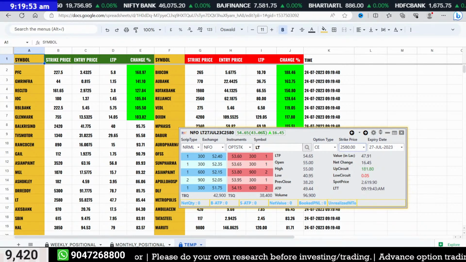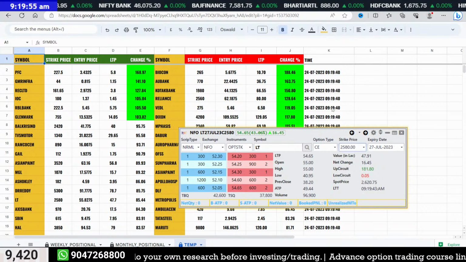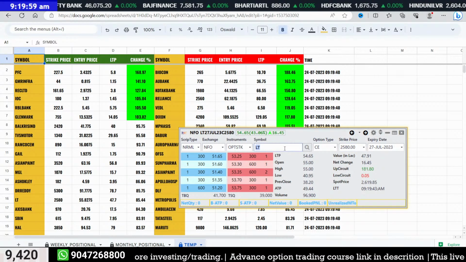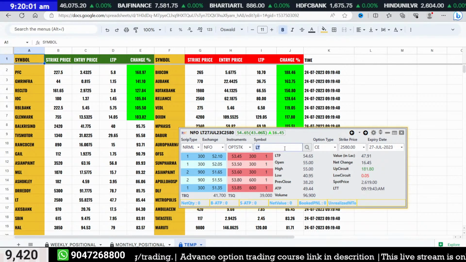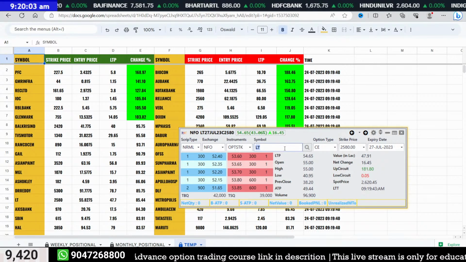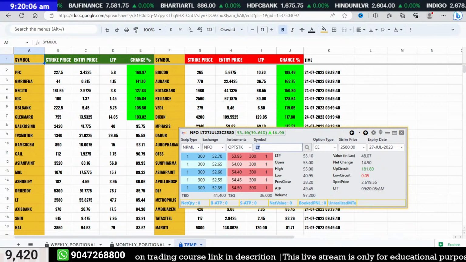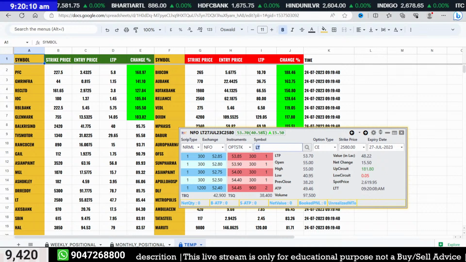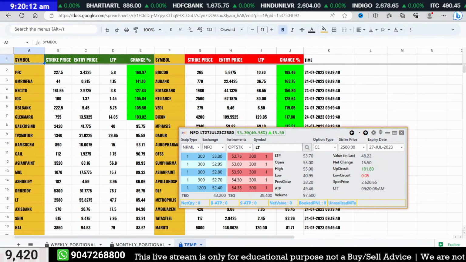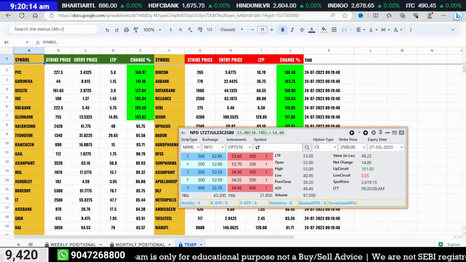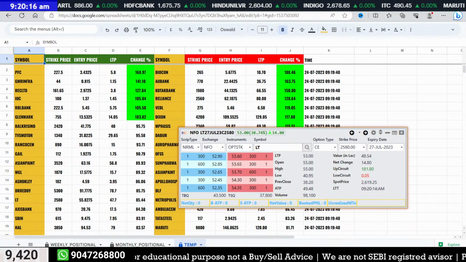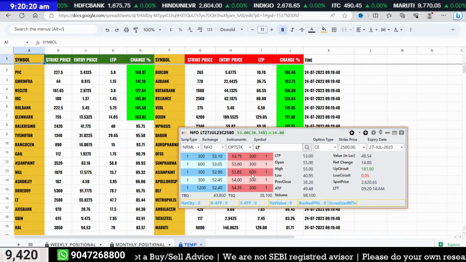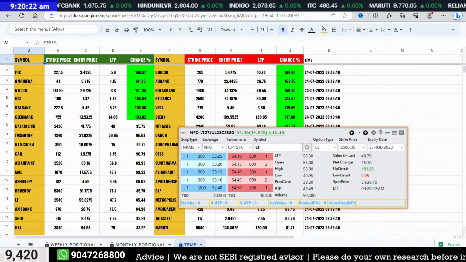Almost, let me check this. 40,000 plus. This is the margin required for doing this trade, and LNT is about 40,000.